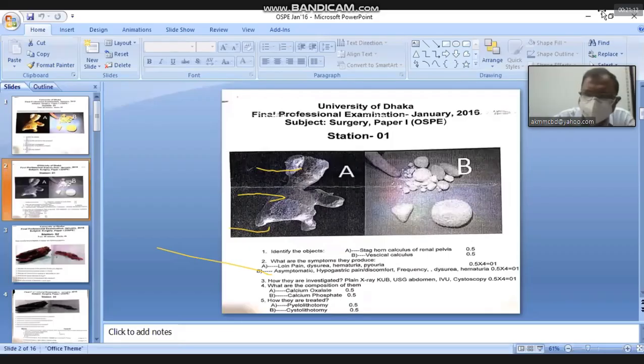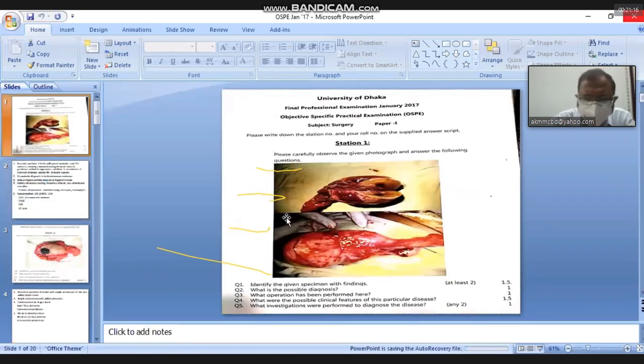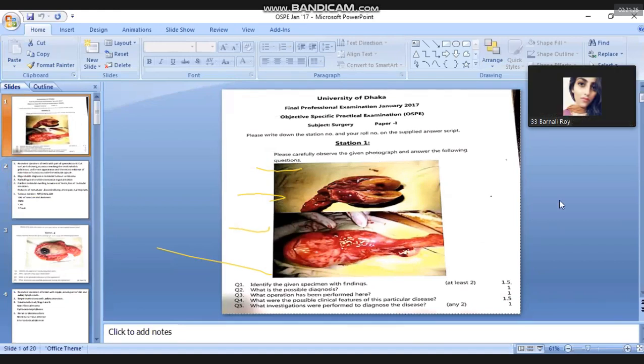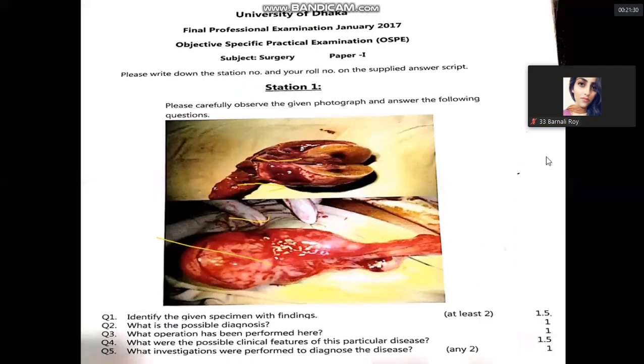So, can you see this one? Can you see? Yes, sir. Identify the given specimen.